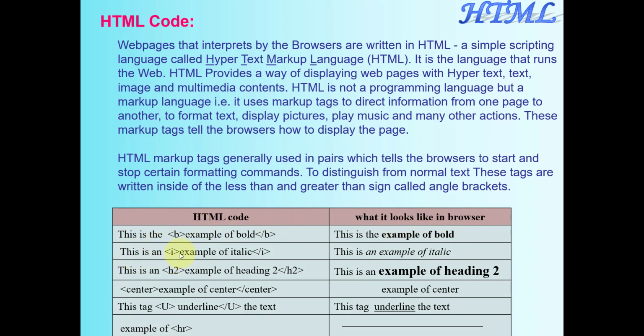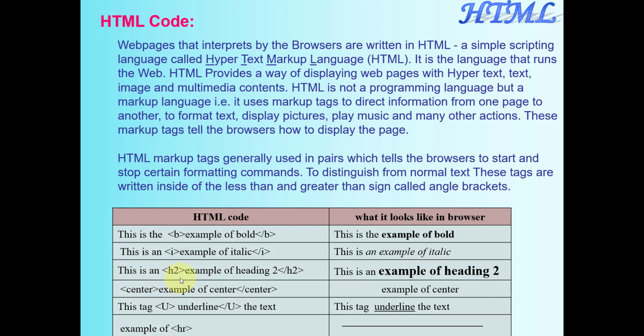For example, the second tag is the italic tag, the I tag. Clear? So if we use it in the script, this is an example of italic. So we write the example of italic and close it with the I tag, meaning the italic tag. It will execute in the browser like this. This is an example of italic.